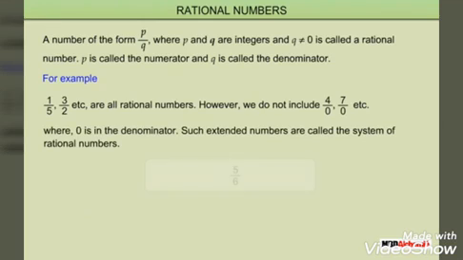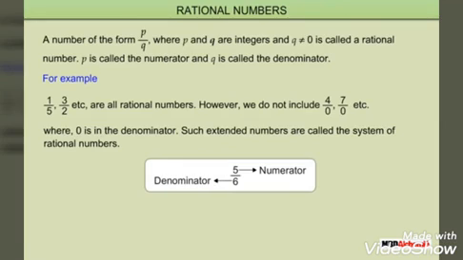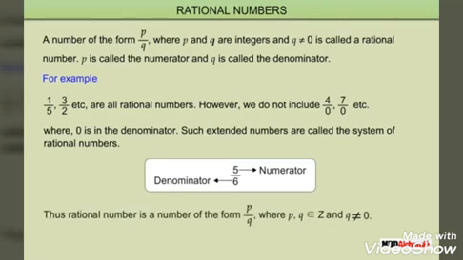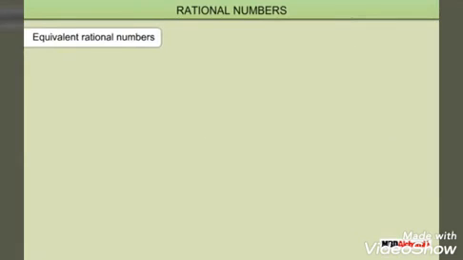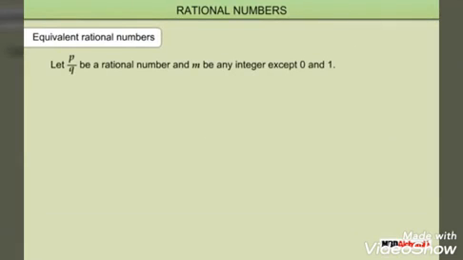As another example, 5 upon 6 is a rational number, in which 5 is the numerator and 6 is the denominator. Thus, a rational number is a number of the form p upon q, where p and q are integers, and q is not equal to 0. Equivalent rational numbers. Let p upon q be a rational number, and m be any integer except 0 and 1. Then p upon q is equal to p times m upon q times m.